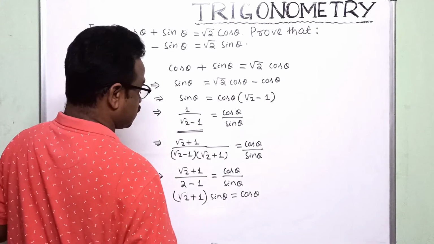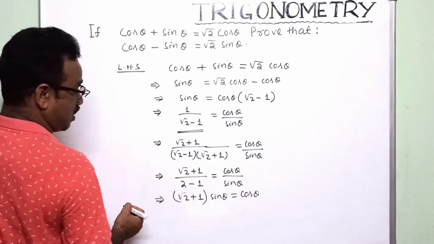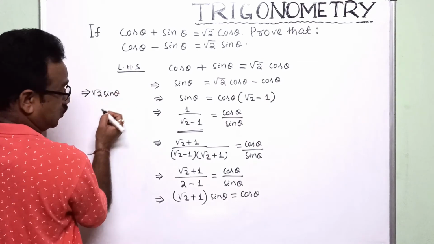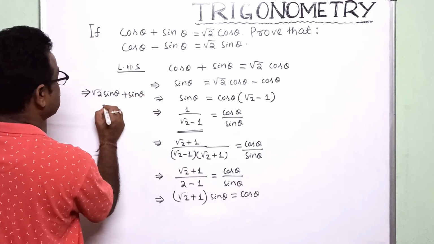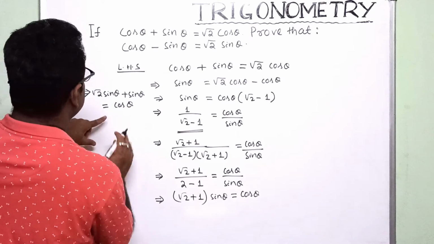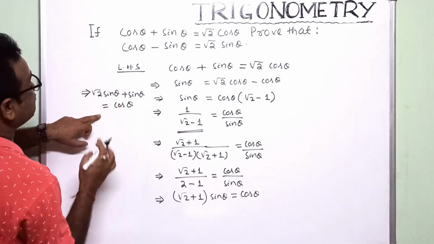Okay? So here that implies root 2 sin theta plus sin theta is equal to cos theta. Okay? Now, cos theta is equal to root 2 sin theta plus sin theta.